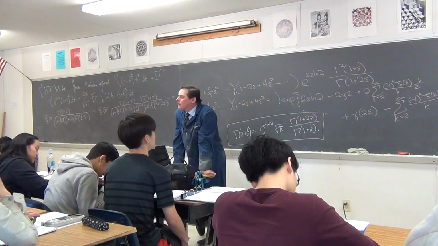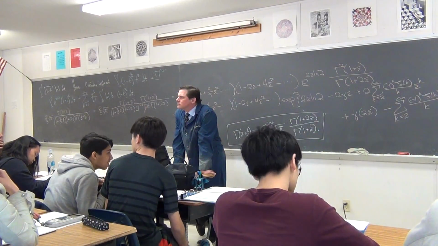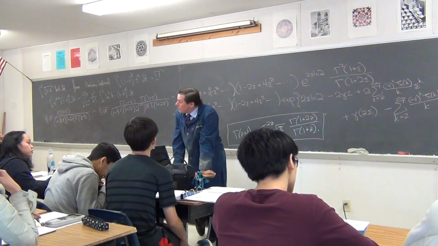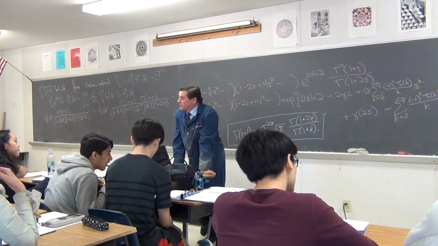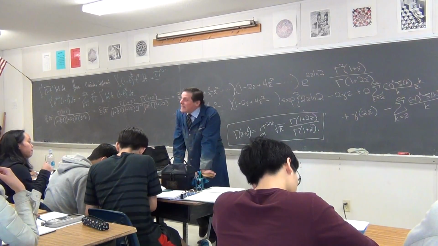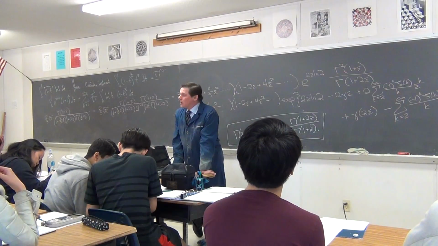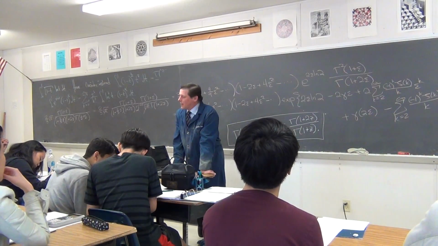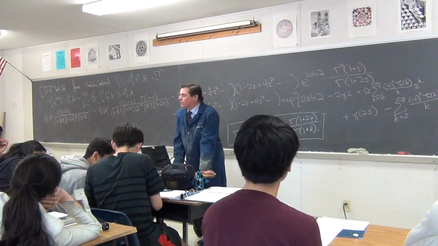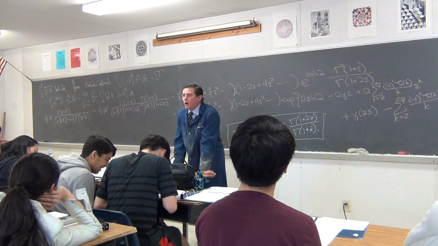Wait, so did you move the gamma function into the exponent? I used the Taylor series. Remember we said gamma 1 plus epsilon is equal to e to the minus gamma epsilon plus the sum from k equals 2 to infinity, negative 1 to the k, zeta k by k, epsilon k. Makes sense, okay?